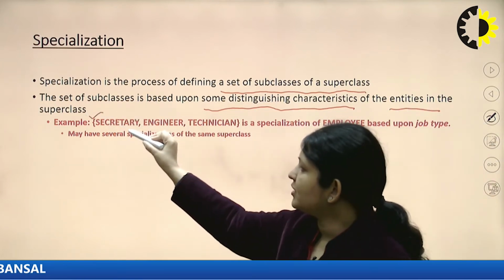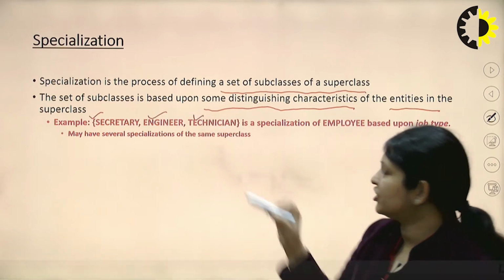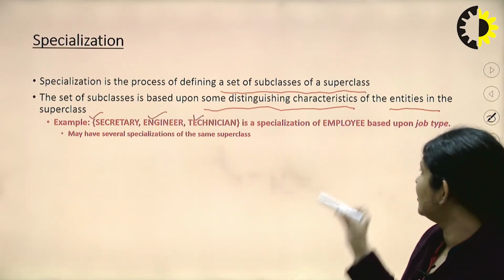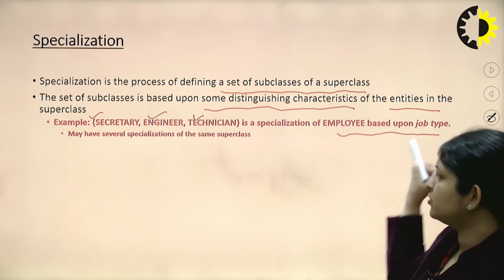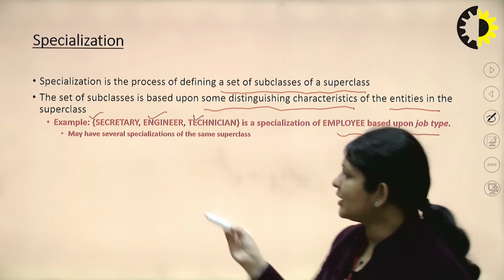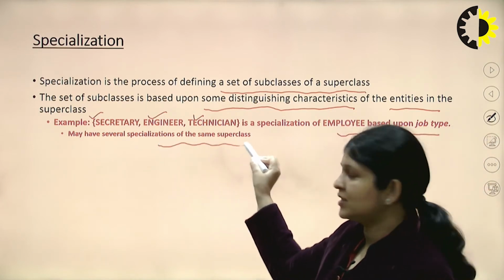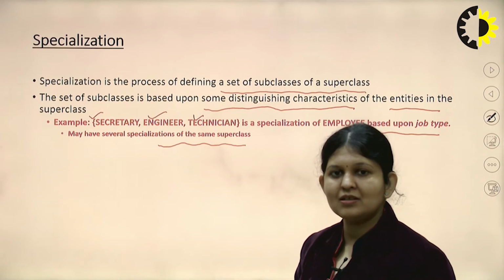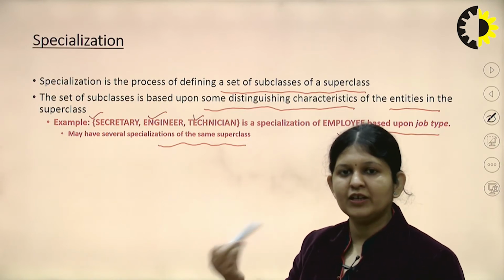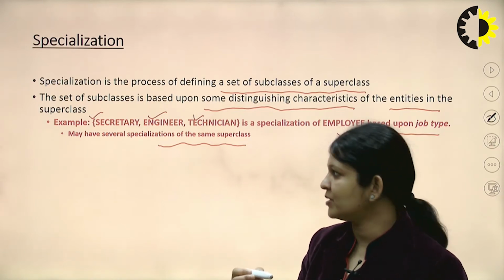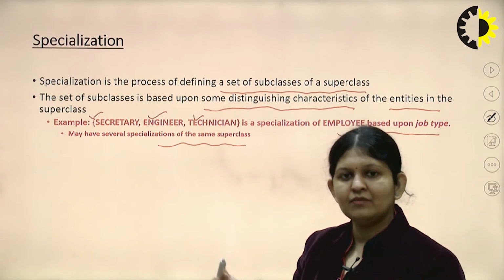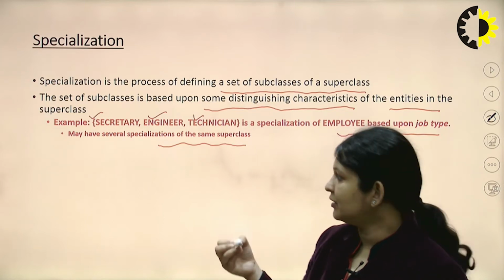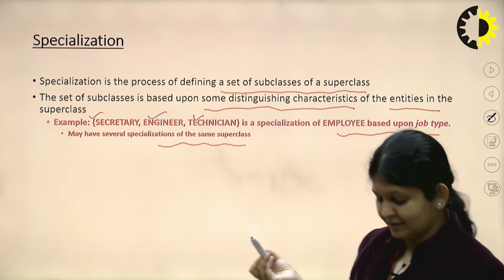As we have seen, secretary, engineer, technician is a specialization of employee based upon the job type. So we can have several specializations of the same superclass. It's not necessary that we have the specialization based upon only one category. Depending upon various different attribute types or relationship types, we can have different subclasses.